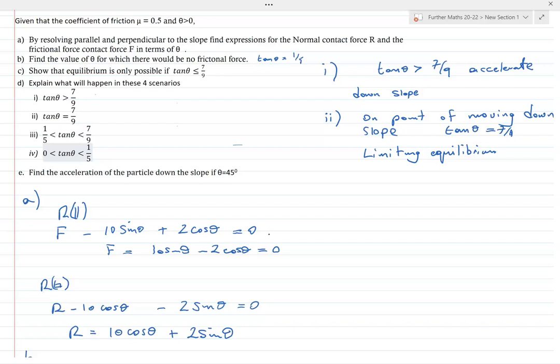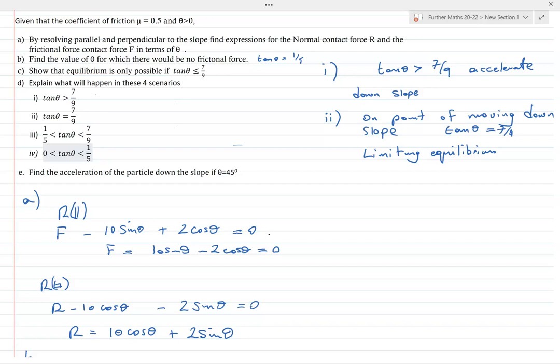It would actually stay on the slope just at that point if it was smooth. So if tan theta were greater than that, we would need some friction upwards for it to be in equilibrium. And we know it is rough and there's perfectly enough friction, but we do need friction. Basically, imagine it was smooth.